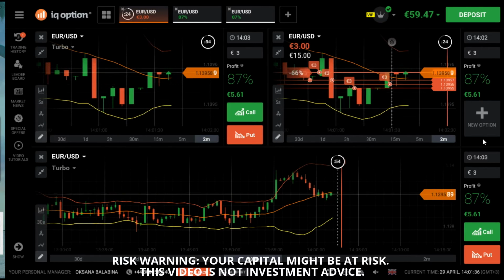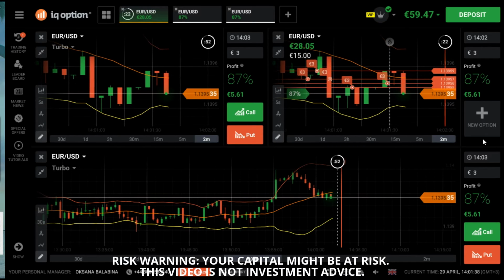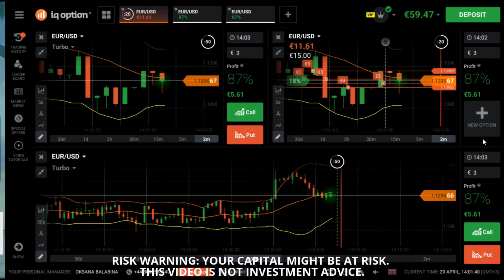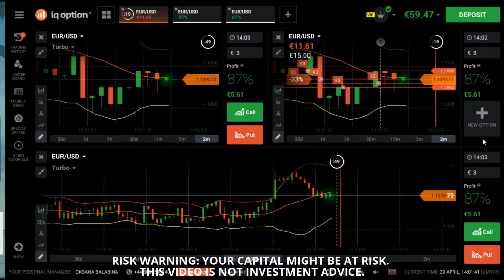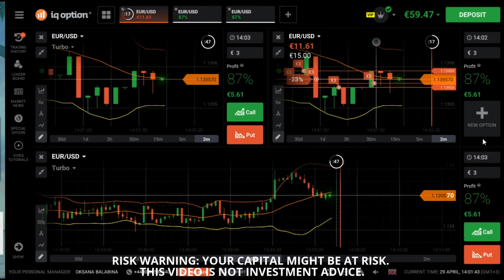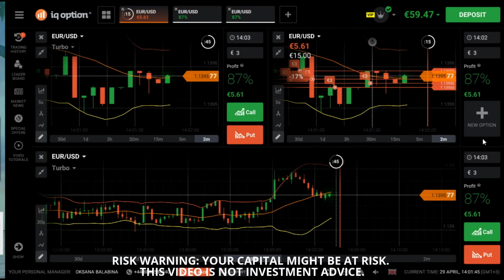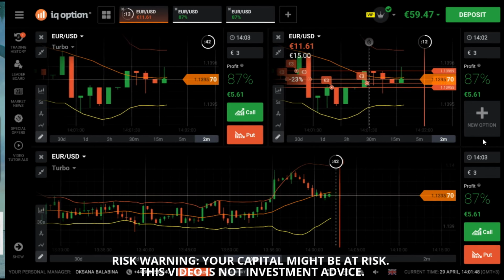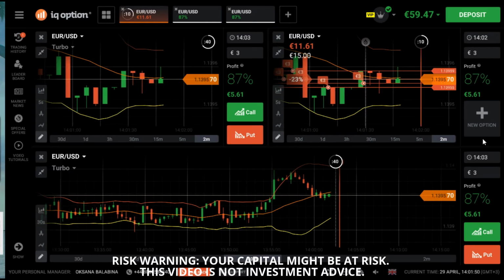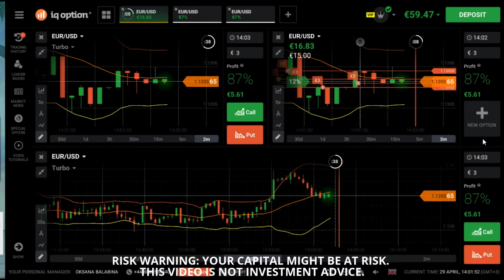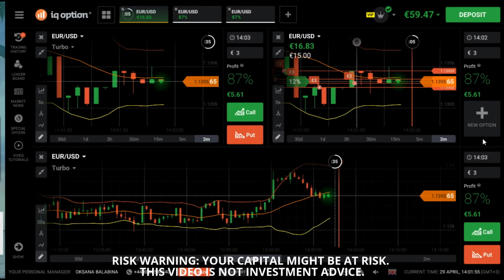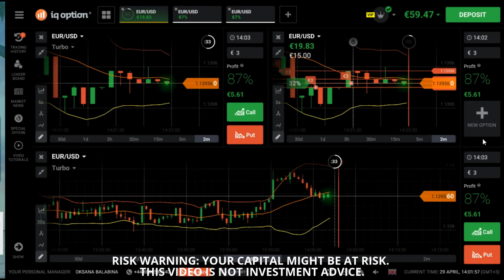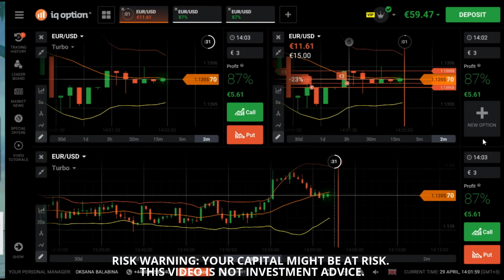But it's a very, very tiny recovery. I'm working on secondary window. Right now it's a very high risk chart because candle is just going up and down within 30 seconds.